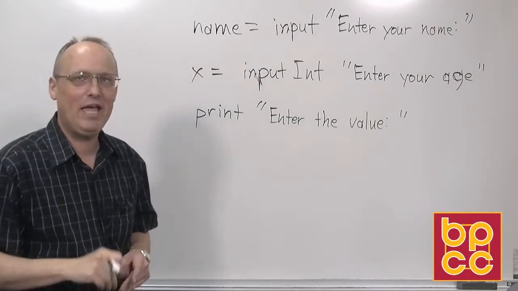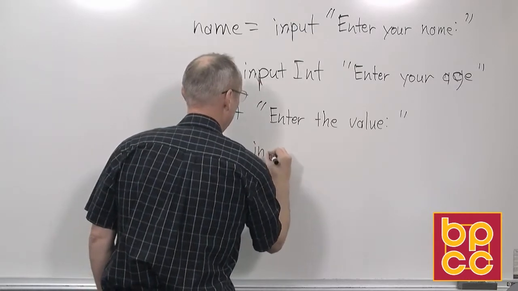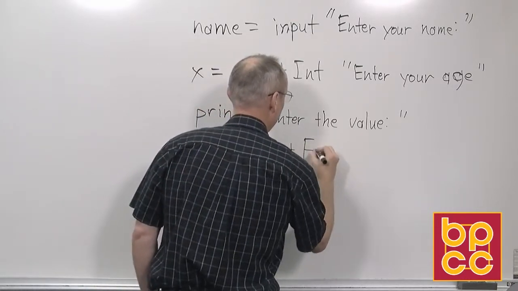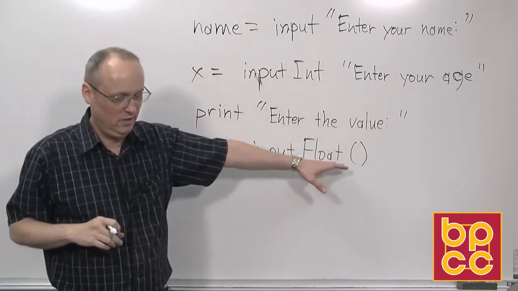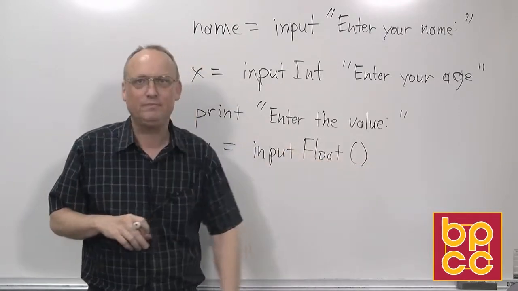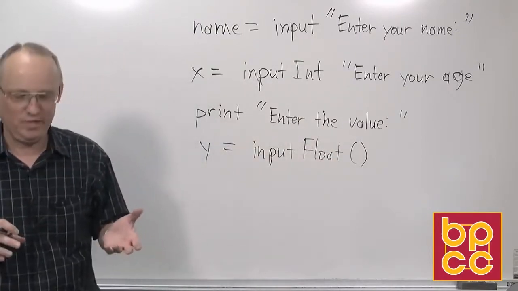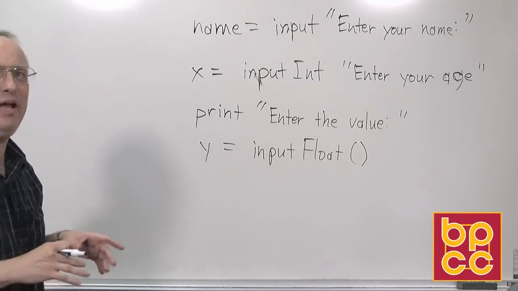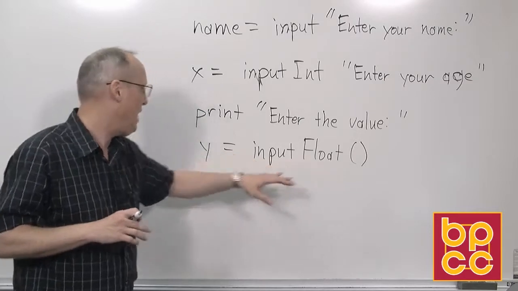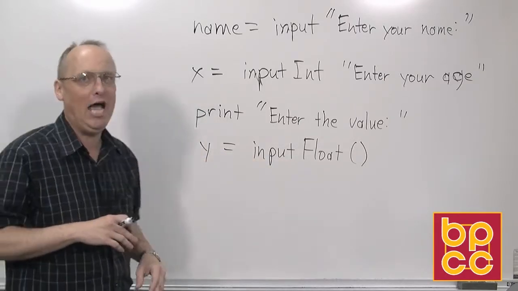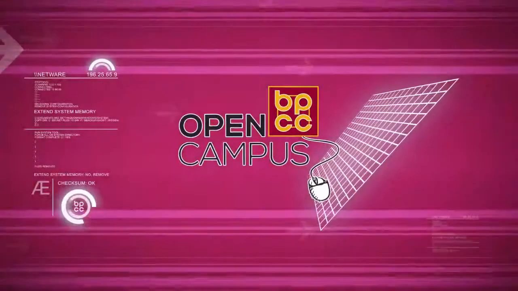Then I follow that up with, let's say, y equals input float, and this designates that it's a function, and then it will display enter a value at the prompt, and then the user will type in a number at the keyboard, and then the value will be entered as a floating point value, and then it's stored in the variable y. And that will give you an input for a floating point number.